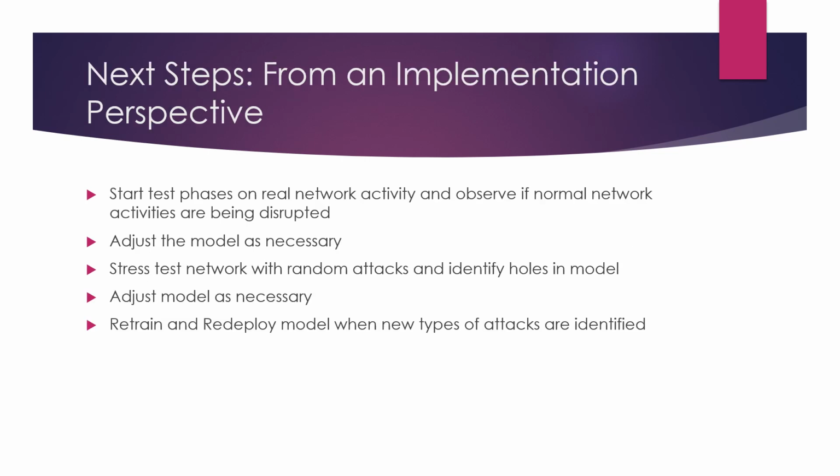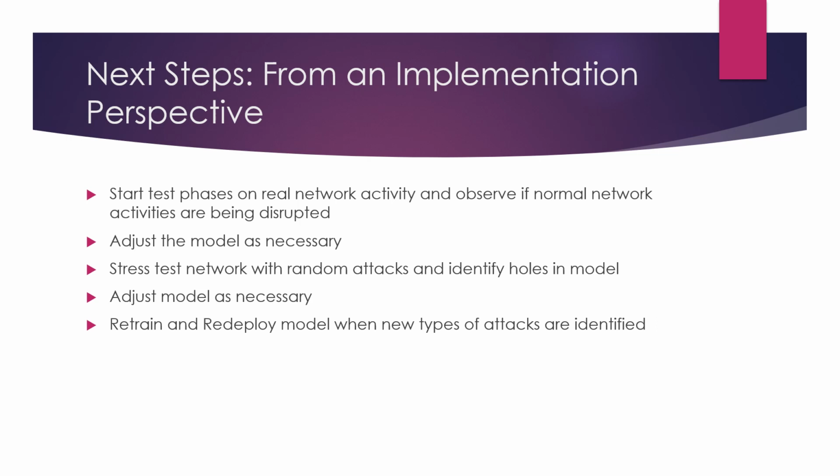Some next steps with the implementation as a perspective. Number 1 is to start test phases on real network activity and observe if normal network activities are being disrupted. If normal activities are being disrupted, we should adjust the network model as necessary. Number 2 is to stress test the network with random types of attacks and identify holes in the network model, and then, once again, adjust the model as necessary.